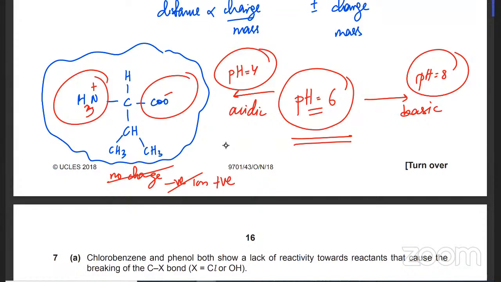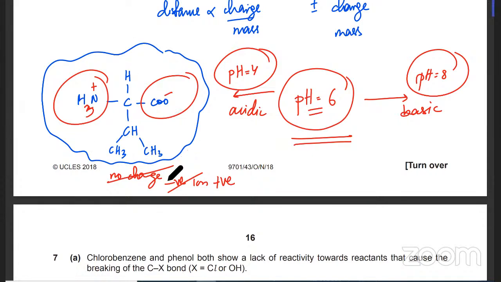It's still a zwitterion, right? But that will not be called a zwitterion, because a zwitterion has regions of positive and negative charges, but it is not going to have an overall charge. So you call it a zwitterion only if it has no overall charge. Here there would be two positives and one negative, but there would be an overall charge, so you won't be able to call it a zwitterion.